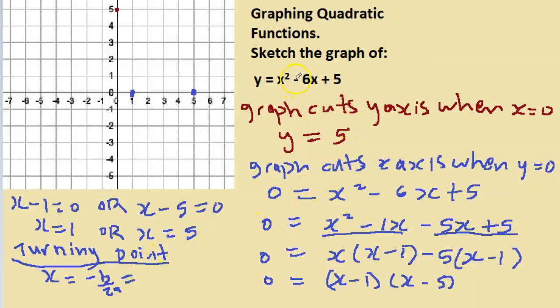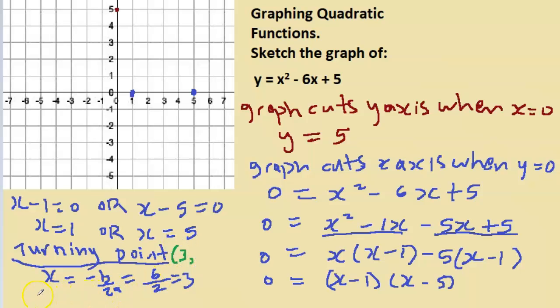Now look at the function, x squared minus 6x plus 5. The b value is minus 6, a value is 1, c value is 5. So b is minus 6, so minus b, that's minus minus 6, which is positive 6. And a is 1, so 2a is 2 times 1, which is 2. So that's 3. So the x coordinate for the turning point is 3.